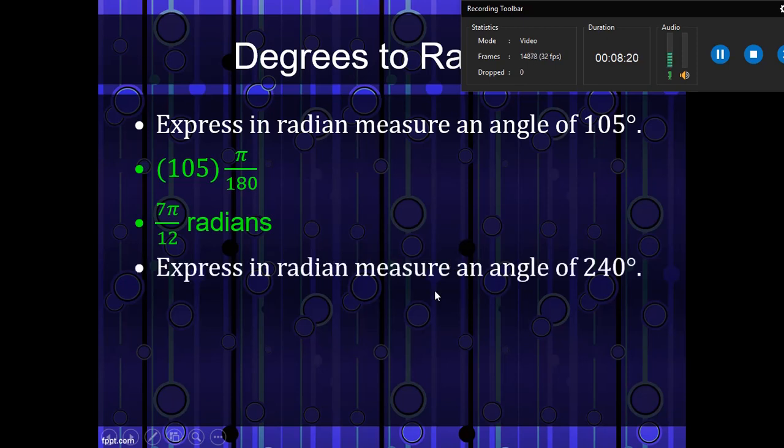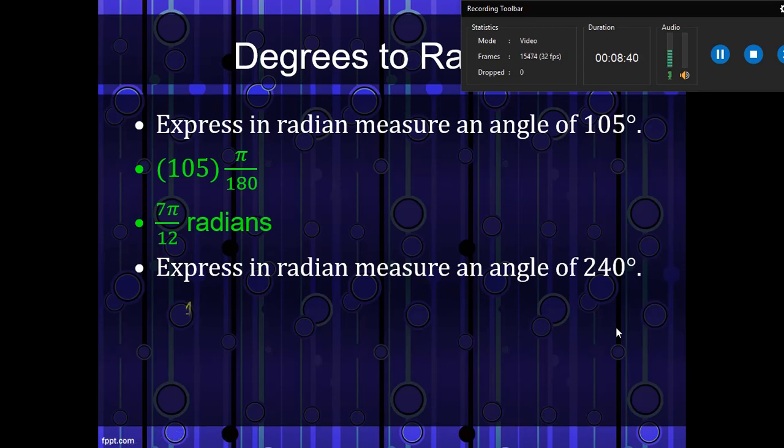In our final example for this style, we're going to convert 240 degrees. If you think about what we had done with our example, we know that 180 is equal to 1 pi radian. We're going beyond that because we're traveling past the 180 mark into the next quadrant.